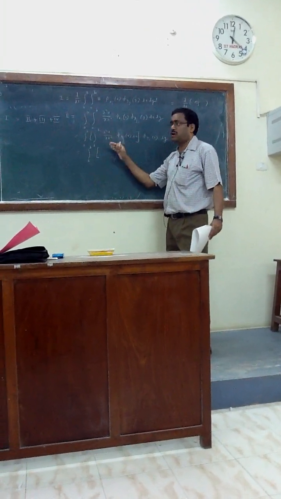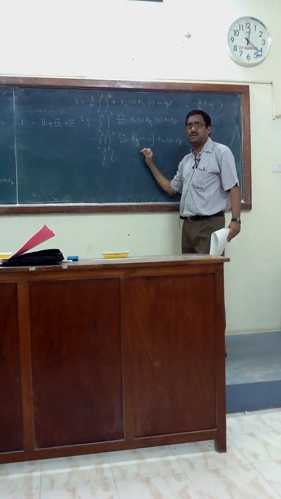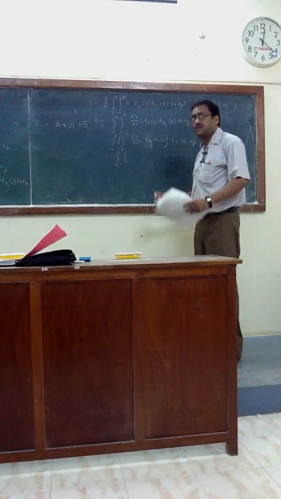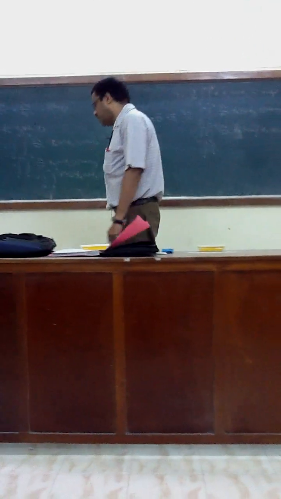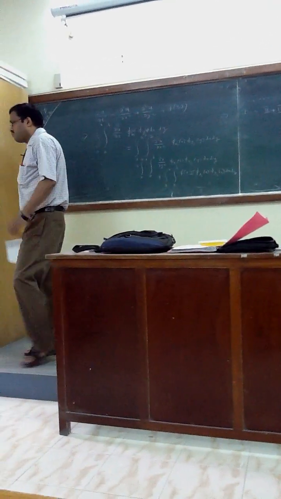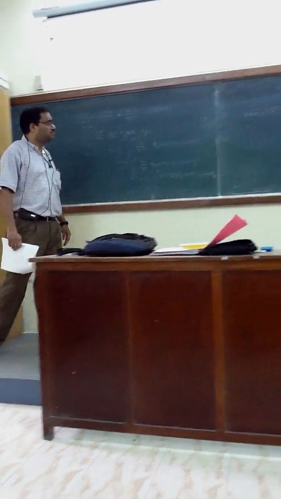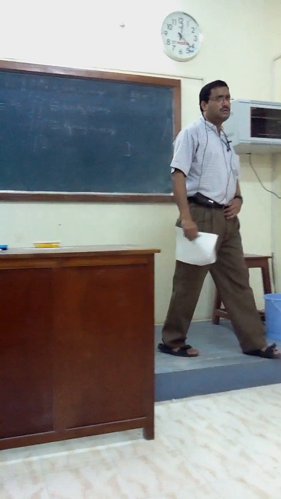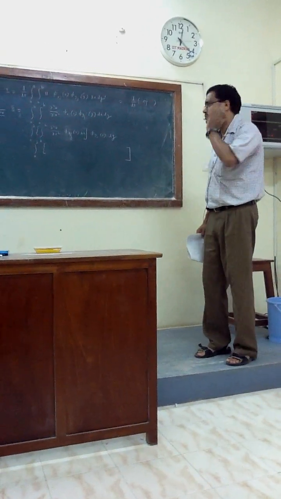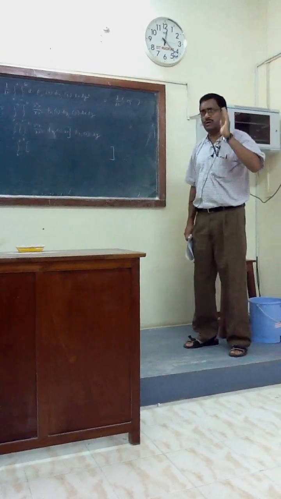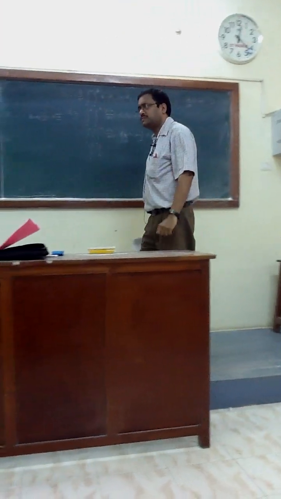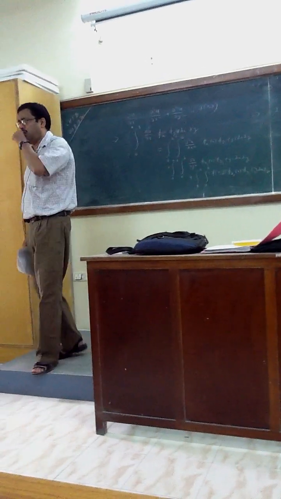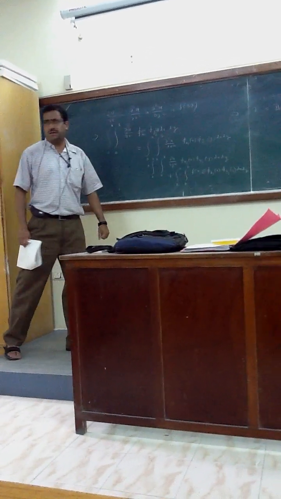It is nothing but the inner product L u, phi, which is nothing but u, L star phi. What is that here? Fill in the blanks. We have done it already. Whatever I am doing is just a repetition of what we have done earlier.